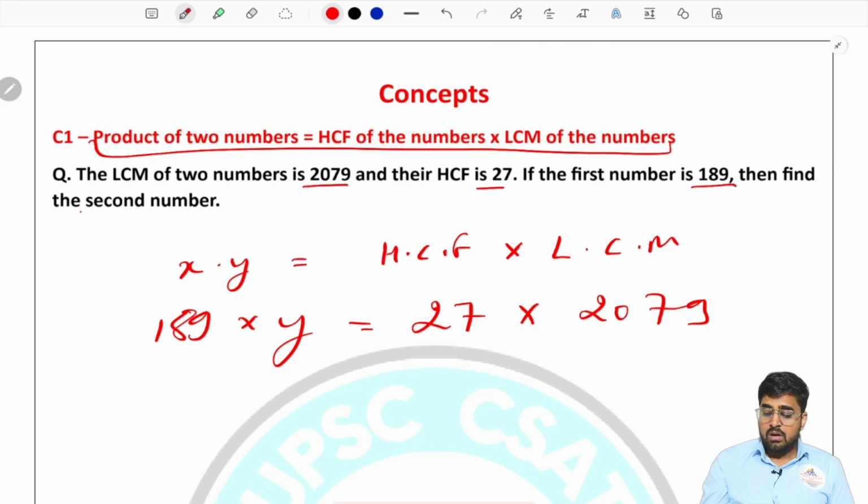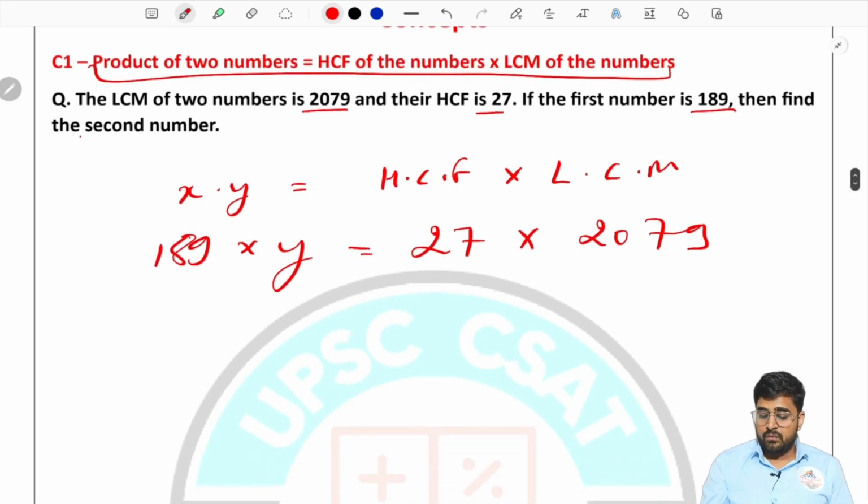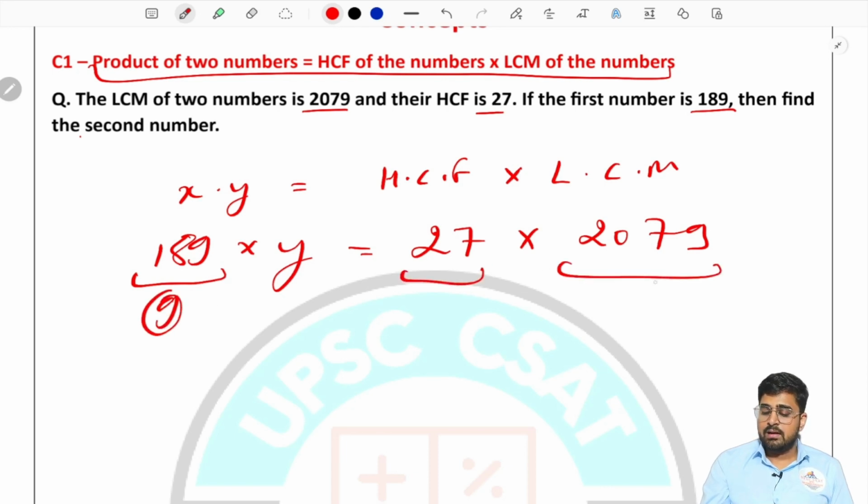Now one thing is clear that this is divisible by 9. So one of these is also divisible by 9. That's how it becomes a multiple of y, because 9 should be there. If one 9 is there, then there should be one 9 here or here.